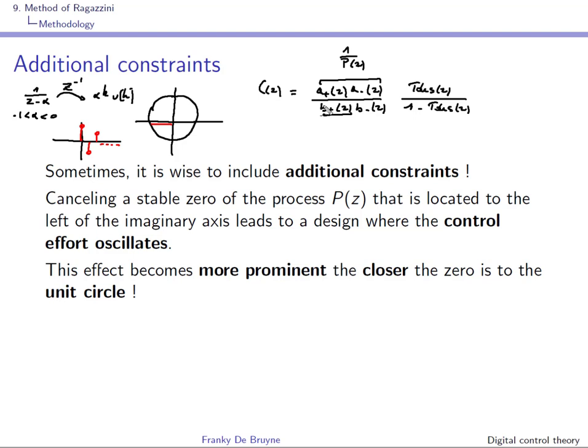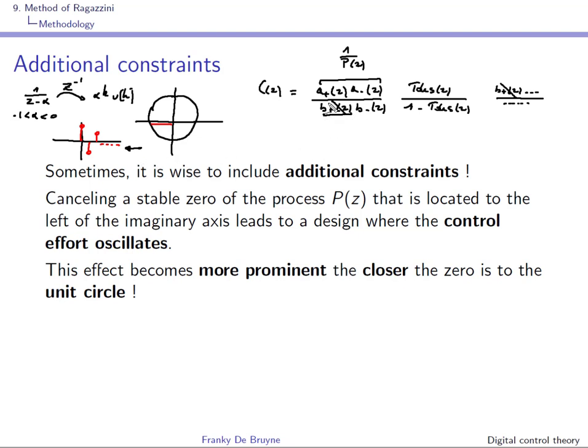So if you have zeros of the process that are stable, in the sense that they are inside the unit circle, but that they are placed over here, well, you should probably make sure that T desired is also written as B plus Z times something divided by a denominator, so that they cancel out from the controller and that you cannot have this design, right?